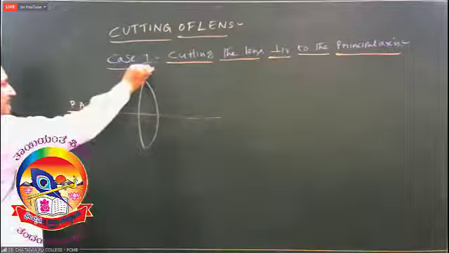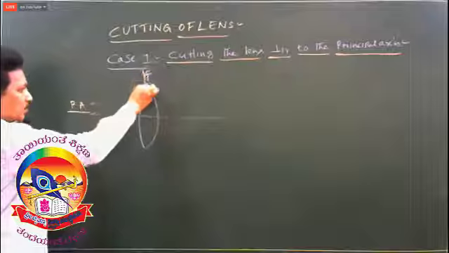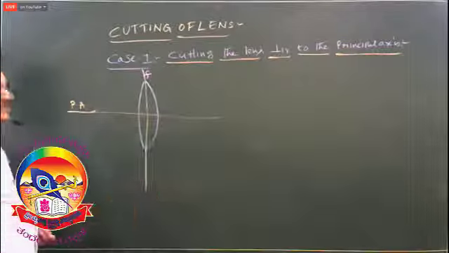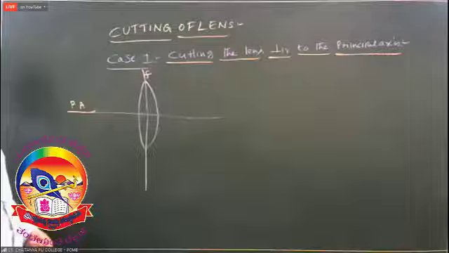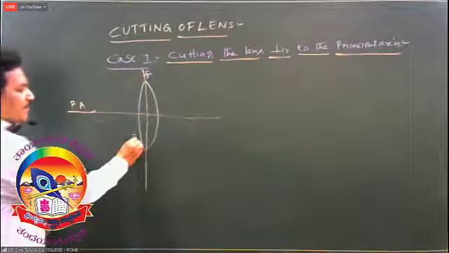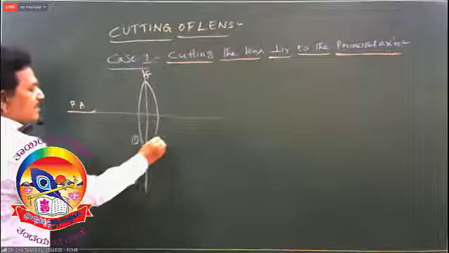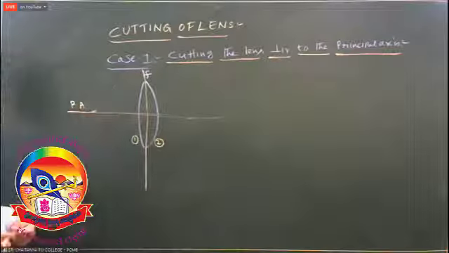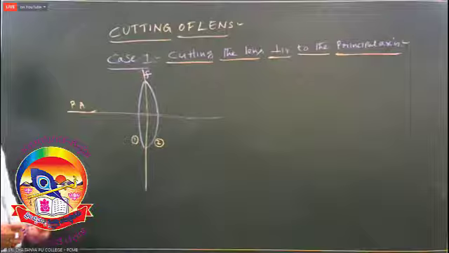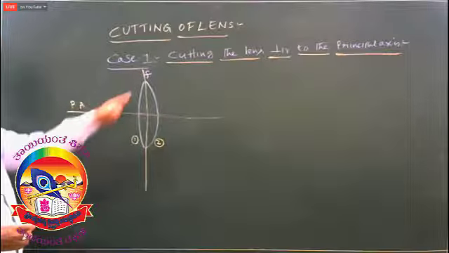Now, the lens is divided into two pieces perpendicular to the principal axis. This is the first piece and this is the second piece. Initially, it is an equiconvex lens, focal length is f.